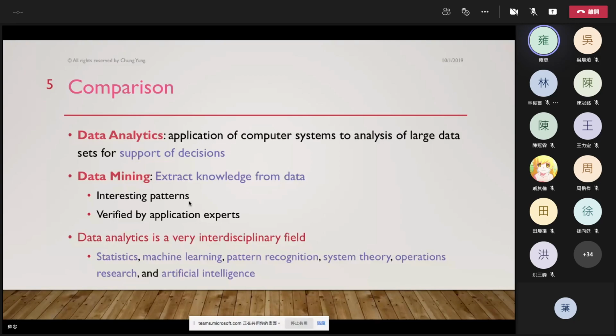So it's very important to recognize the patterns in data. And systems theory, operations research, and also artificial intelligence are the related areas, where when we do data analytics, we might require your knowledge in such areas.